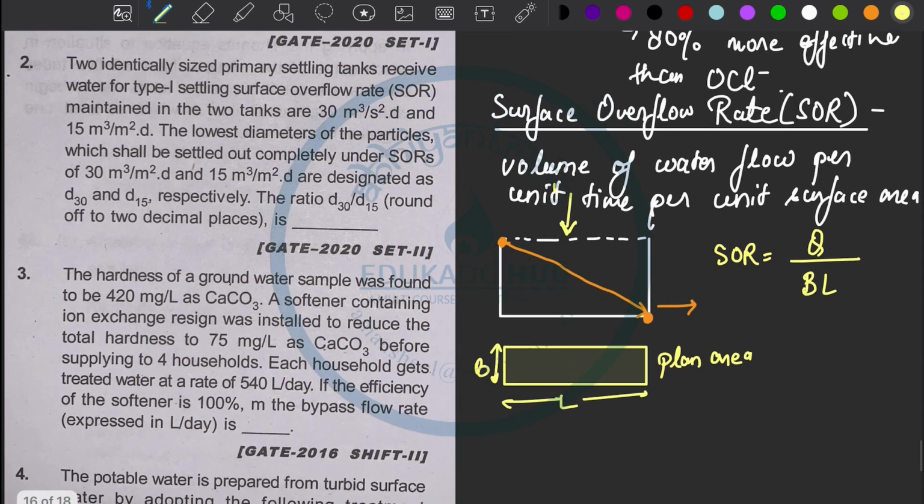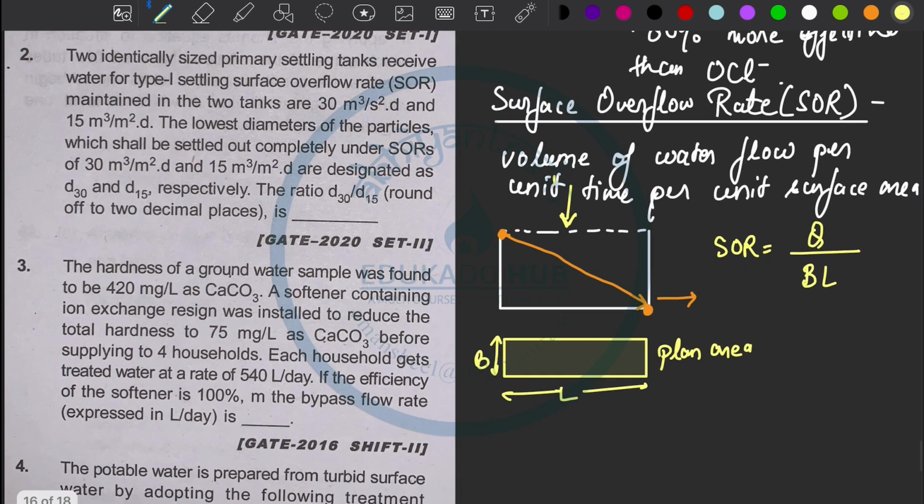And if we want to know what settling velocity is, settling velocity is also given by Stokes law.